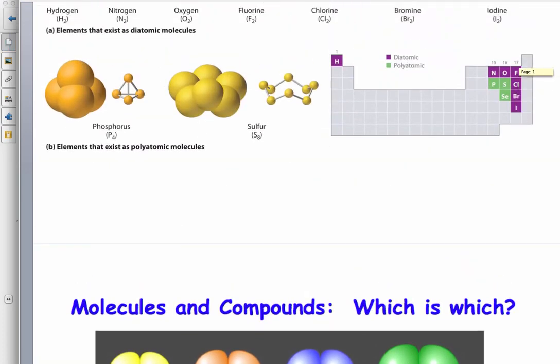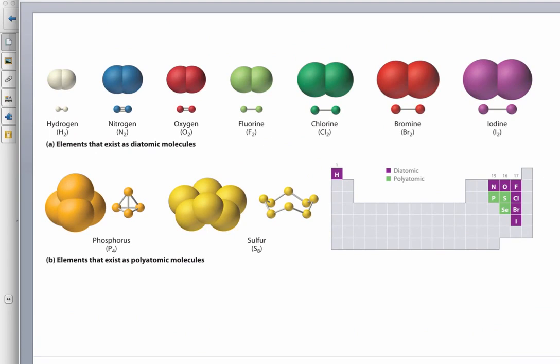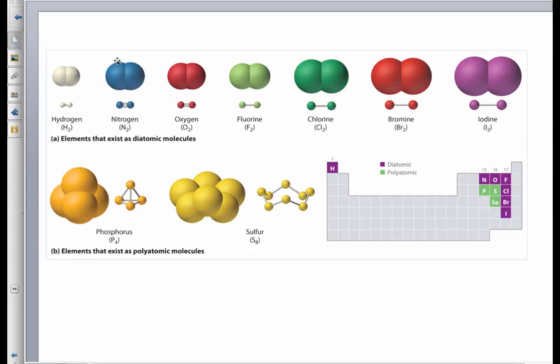some other molecules. Well, these are some other interesting molecules, and as you look at these and you consider these, here's a hydrogen molecule that has 2 atoms. Here is a nitrogen molecule that has 2 atoms.